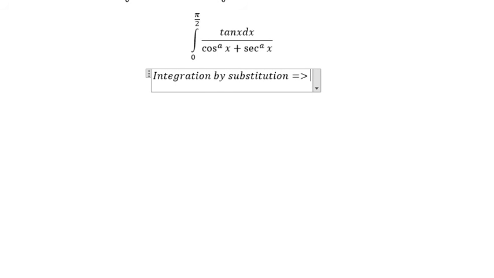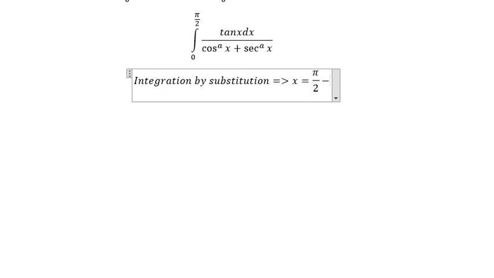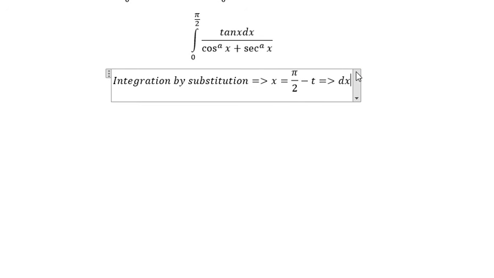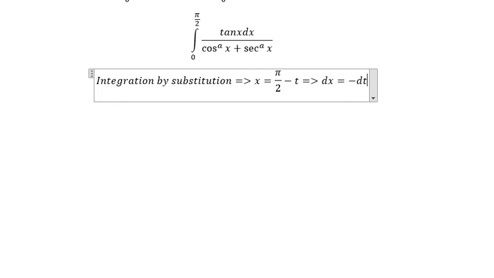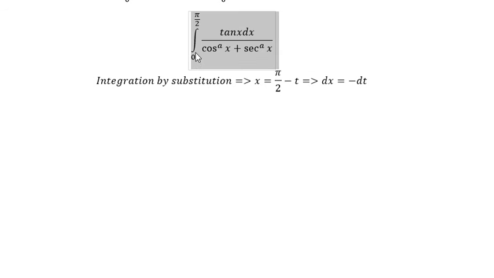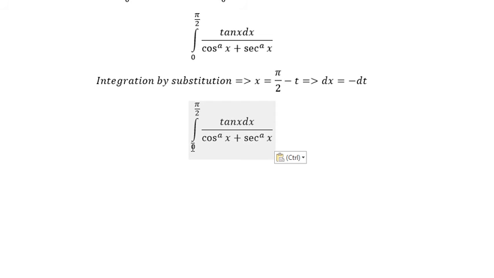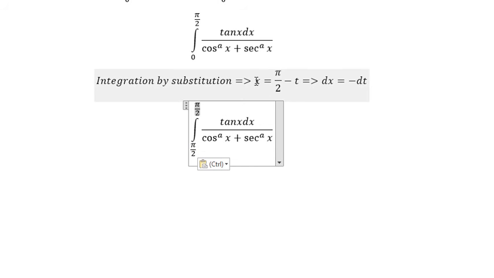Here we put x equals π/2 minus t, so dx equals negative dt, and now we need to change the limits. When x is 0, we find the value of t is π/2, and when x is π/2, you get t equal to 0.